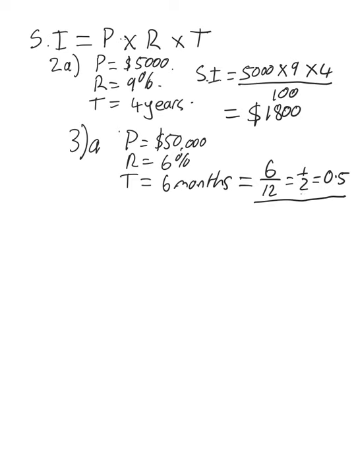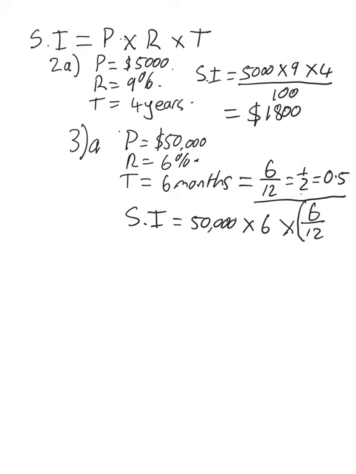Now the substitution, there's a number of ways we go about this, but I would just basically do it exactly the same as question 2. 50,000 is the principal P times 6% for the interest, times, now I'm going to write this as a fraction, 6 over 12.